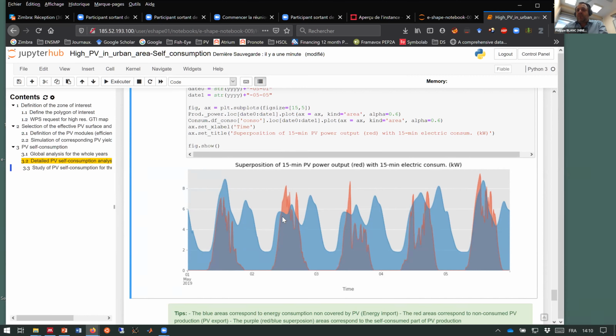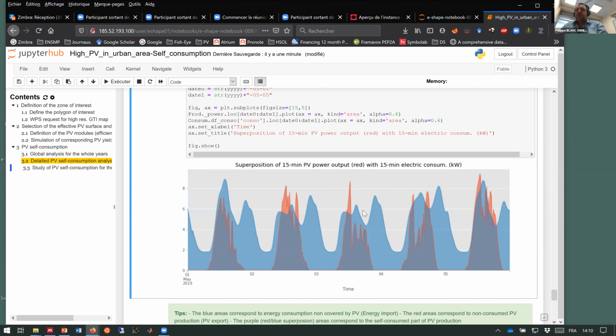But sometimes you provide more energy from the PV than you are able to consume. Since in this scenario we do not have storage, this amount of energy is a surplus, and this surplus can be sold, at least in France, to the grid. So you can export this energy.